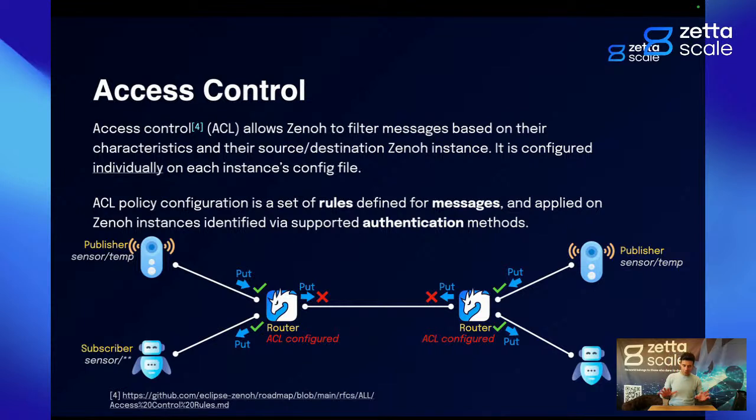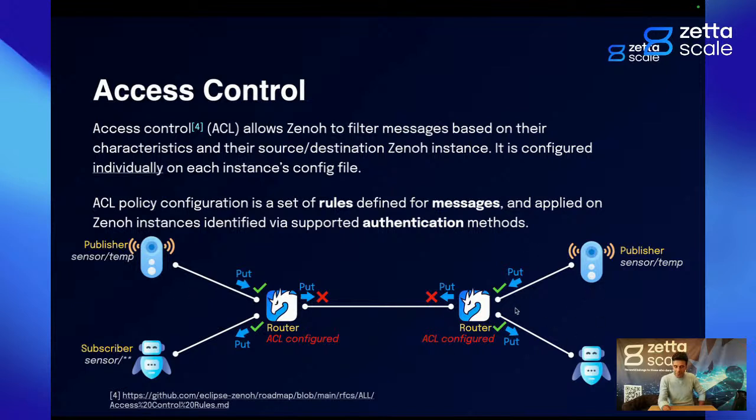But in general, if you see this example deployment, we have two routers. And in these two routers, for instance, we want a put from the device here on the top left to be received by the subscriber on the bottom left, but not to get anywhere else. That can be done easily with Zenoh access control, and I can control that, as usual, using key expressions.